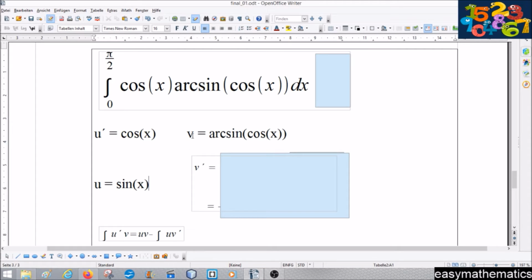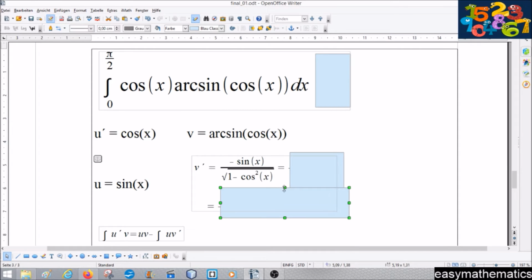and v is the inverse sine, so the derivative of the inverse sine is 1 over the square root of 1 minus x squared. So this becomes, in the first moment, 1 over the square root of 1 minus cosine squared of x, and then with the chain rule, the derivative of the cosine is minus sine.